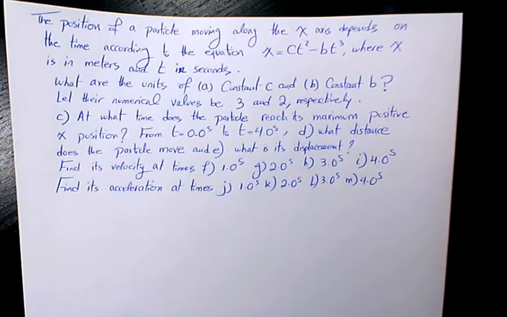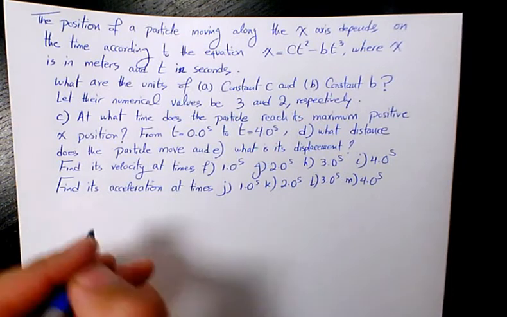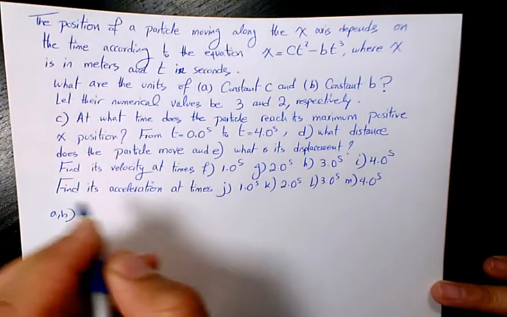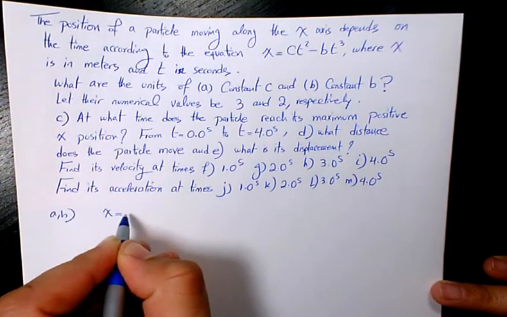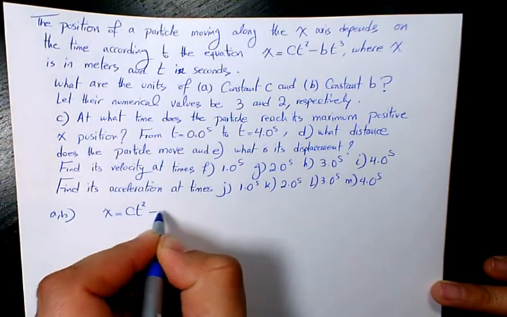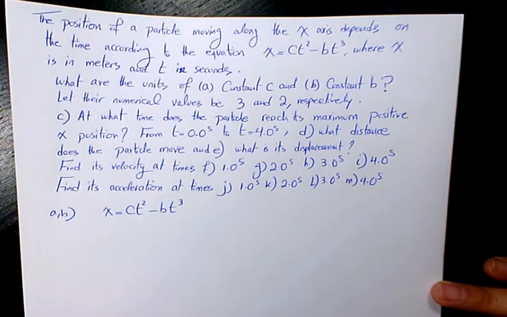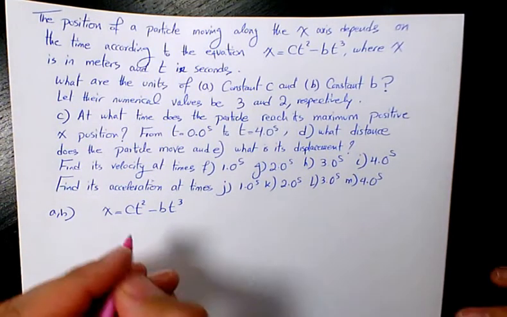In this question, it says the position of the particle moving along the x-axis depends on the time according to the equation x equals ct squared minus bt cubed, where x is in meters and t in seconds. What are the units of constants c and b? So the answer to a and b is, we have this formula, x equals ct squared minus bt cubed. All of them must be in terms of length.